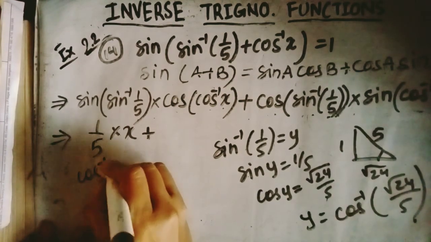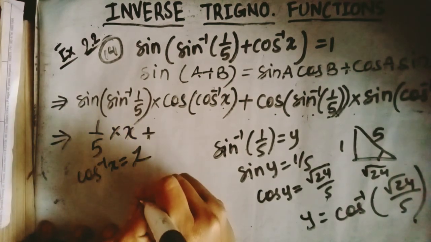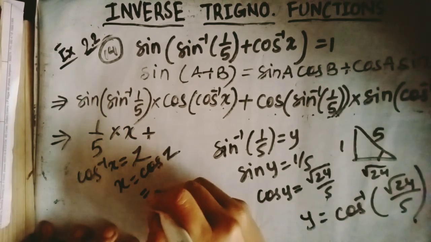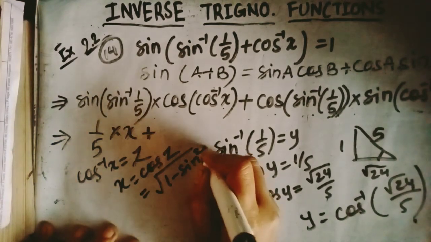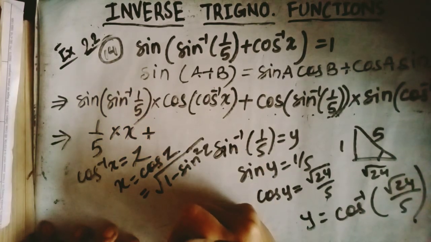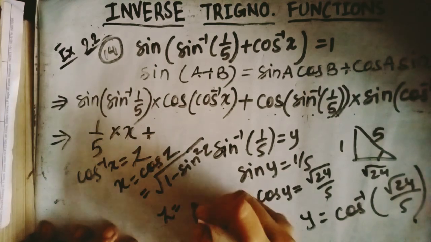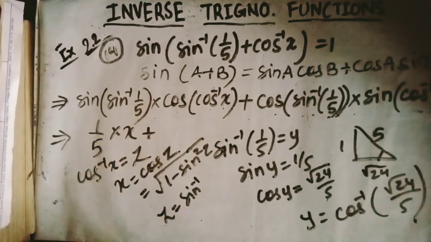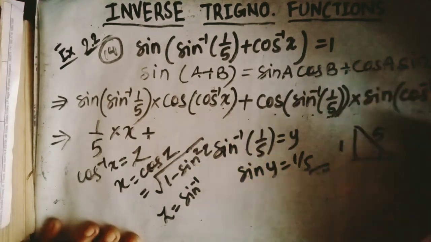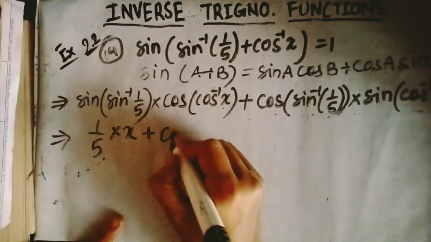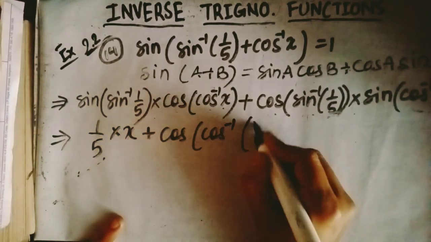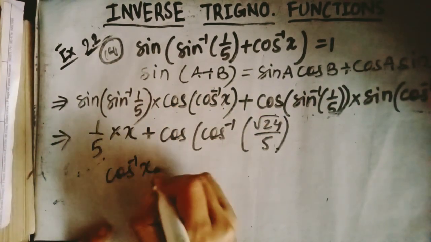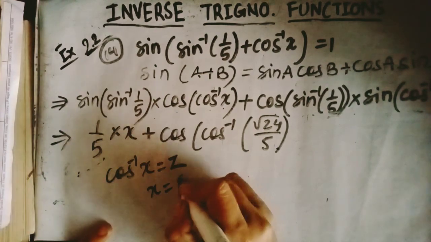Okay. Same way you have to find for cos inverse of x. So taking cos inverse of x equal to some z, our x will be cos of z.